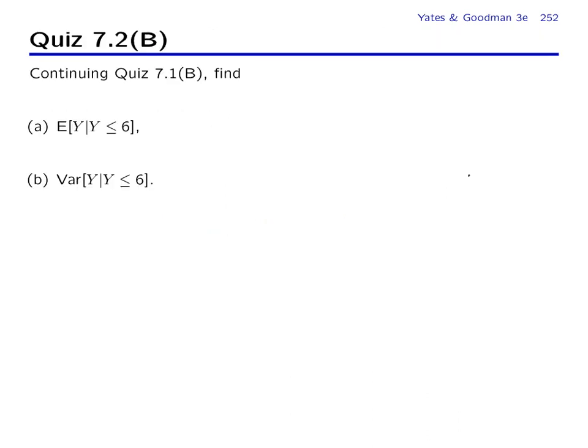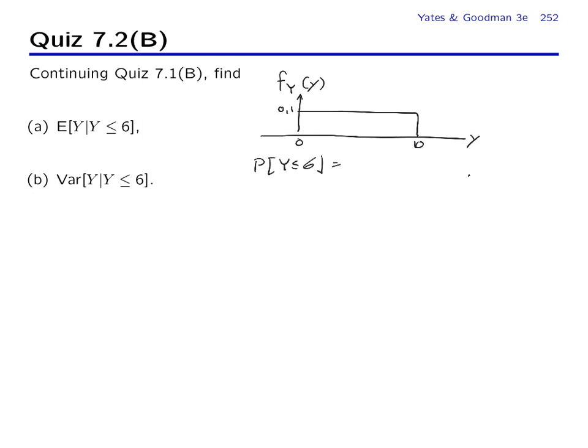If you remember the quiz from section 7.1, we had that Y was a uniform 0 to 10 random variable, with value 1/10, and we found the probability that Y was less than or equal to 6.